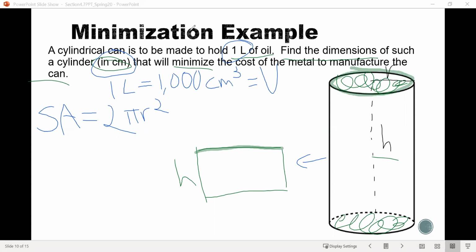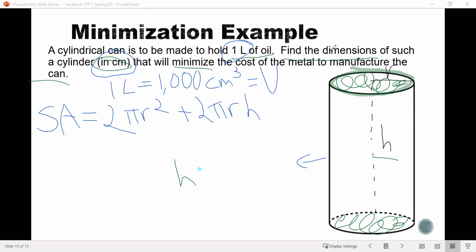And what do we call that distance? That's right, that's the circumference. And the formula for that, you may remember, is 2 pi r. So the area of this rectangle is going to be 2 pi r times h.